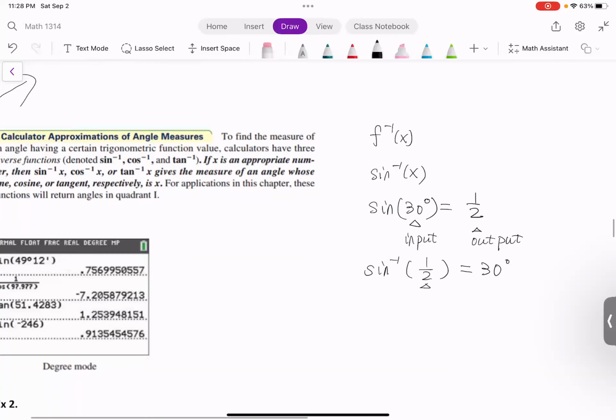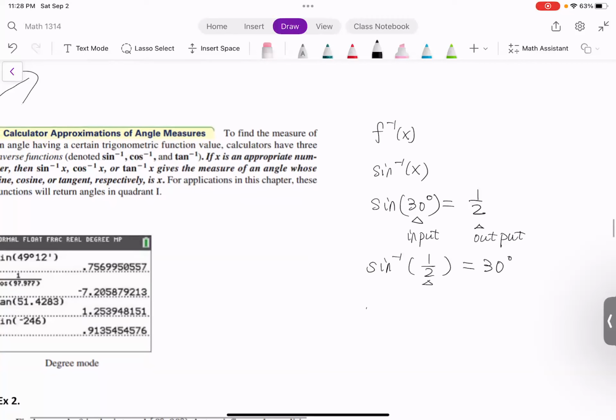All right, let's see if I ask you this. If I ask you sine theta equals square root of 2/2, can you find the value of theta? I can convert it to the inverse function. So the inverse of sine of square root of 2/2 equals theta.